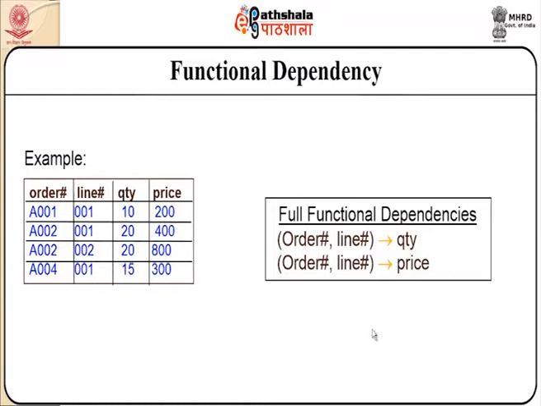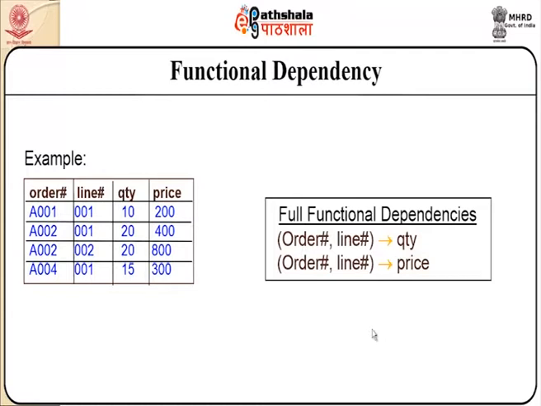Sometimes there may be a case where price is dependent only on order number. In those specific cases, we cannot call this fully functional dependent; it becomes partial functional dependent. It is primarily because order number and line number together is not a determinant of price. So, it is partial functional dependent.